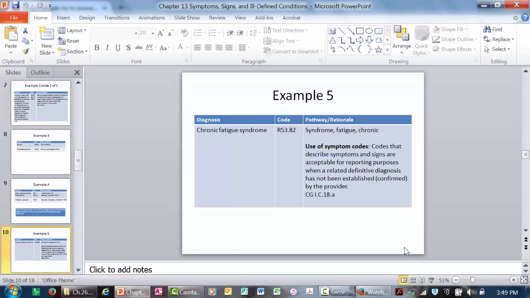And in the case of chronic fatigue syndrome, the patient is complaining of several symptoms, and those symptoms group together into chronic fatigue syndrome. So I'm not sure that coding guideline is exactly right, but I chose it because I almost feel like chronic fatigue syndrome sometimes is what the doctor chooses when they can't find anything else to tie together someone's symptoms.